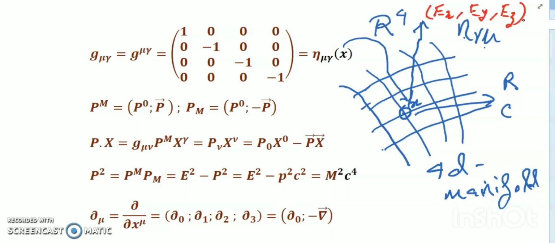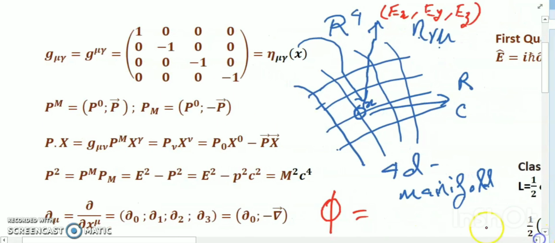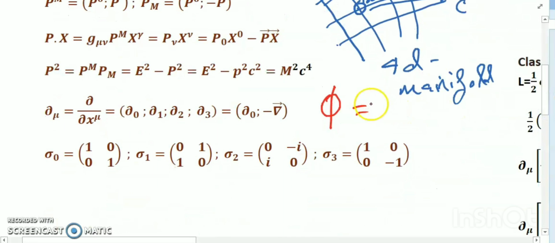Scalar fields are a little different. You could imagine, say, a fluid. This is the mathematical model. Phi is a scalar field.